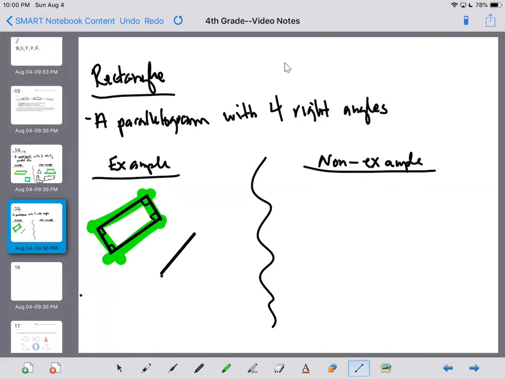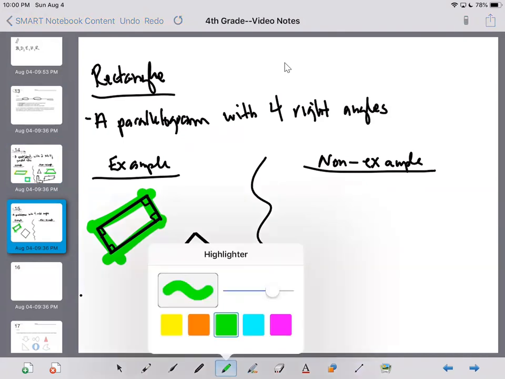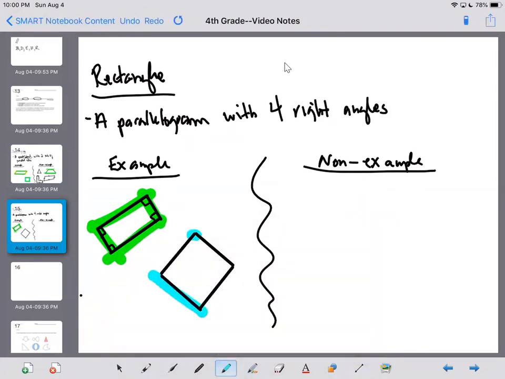We could look at a tilted square, also known as a rhombus. We say diamond, but rhombus is really the correct term for talking about that. But here you got 4 sides, you got 2 pairs of parallel sides, and you've got 4 right angles, which is also a square.